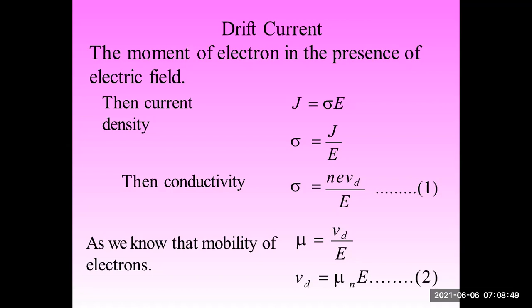Before going to the electrical conductivity of the semiconductor, a few parameters you need to understand. Whenever current is flowing inside any substance, that particular electron will acquire the character of that material.